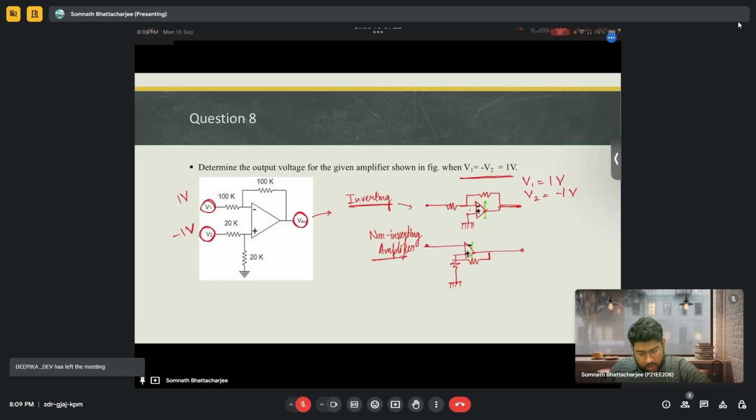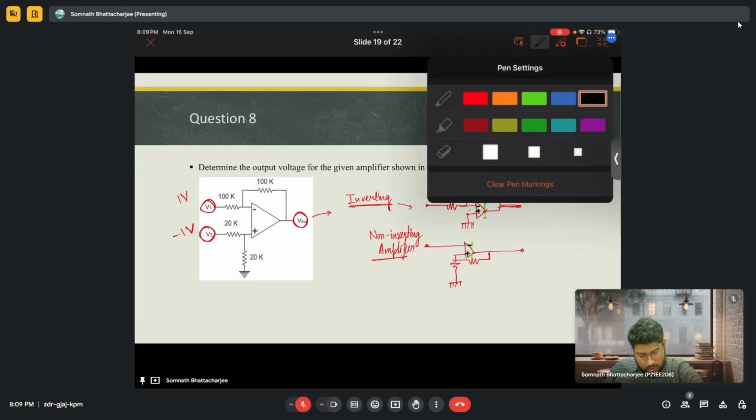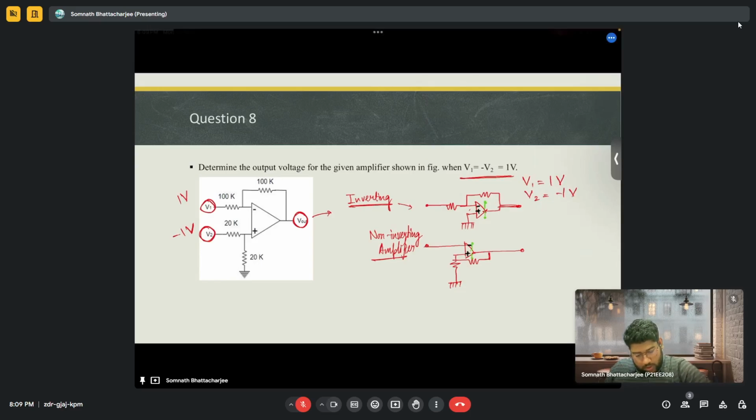Let's say this point is A, and let's say this point is B. Let's think of this like this, with the concept of virtual grounding.